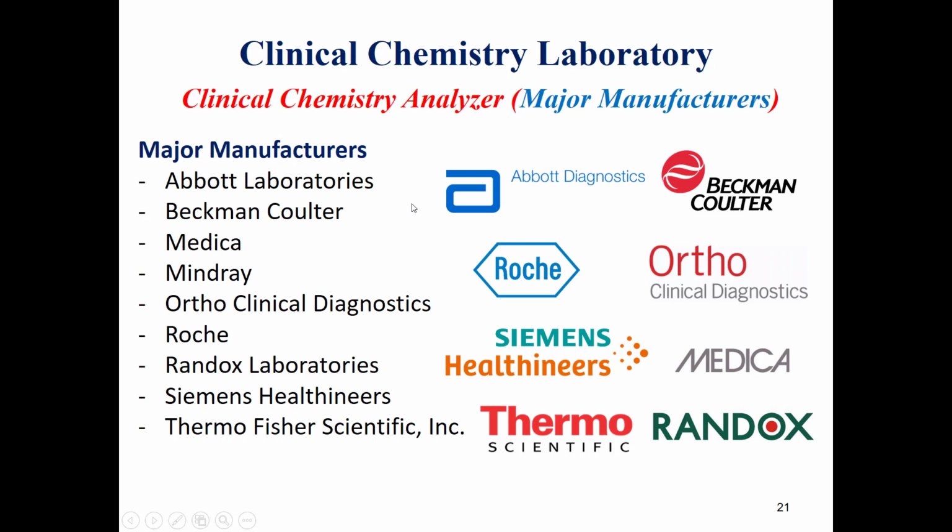They have all the load sizes for clinical chemistry analyzers, whereas other manufacturers have either one or two types of load size. For example, Medica has the clinical chemistry analyzer EZRA, which is used for small laboratories.